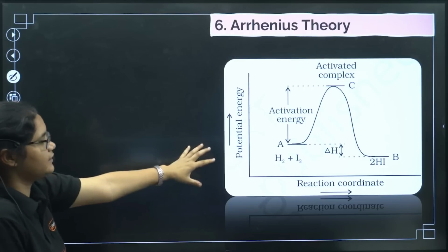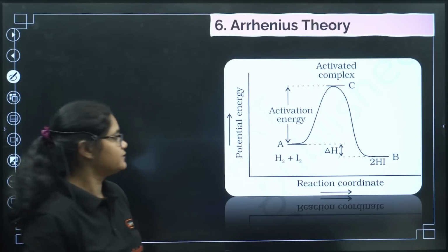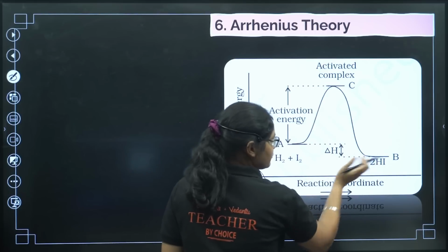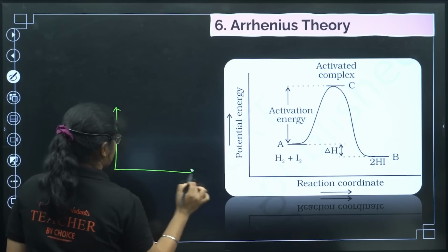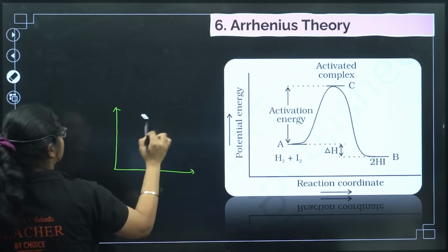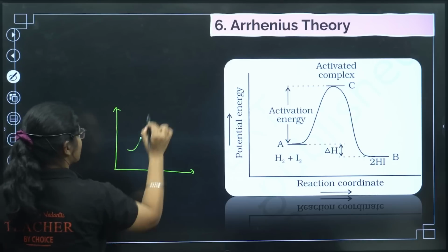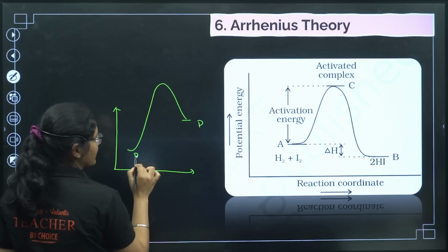Okay, Arrhenius theory, this diagram is there. Many times a question is asked where a graph will be given. So remember, for an exothermic graph the product's energy will be lower, and if it is an endothermic graph, then the graph will be like this. I'll just draw it a little bit better. In the endothermic graph the product energy is more than the reactant energy.